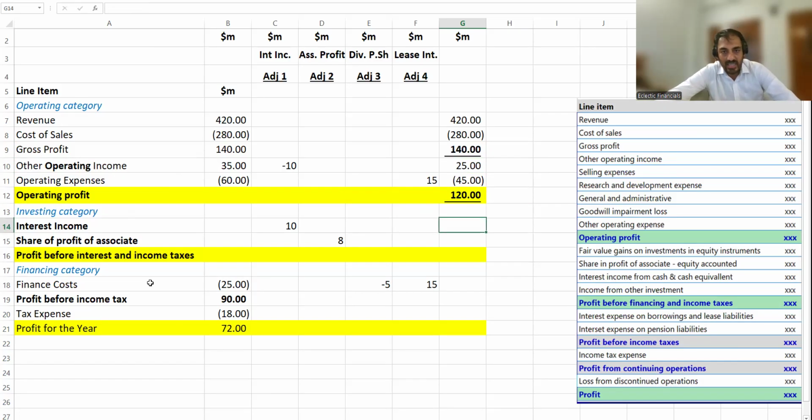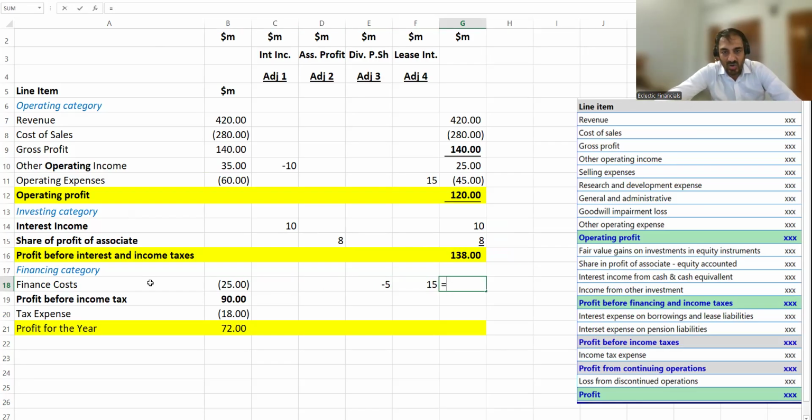That's 120. Then interest income, sorry, 10. Then this 8 share of profit. And then 120 plus, make it clear, 138.